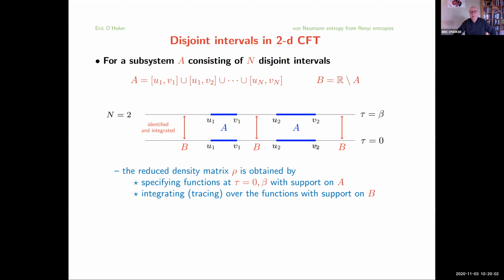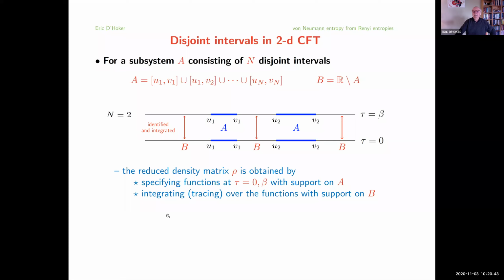So how do we obtain the reduced density matrix? Well, we need to give the value of the fields on the intervals that make up A, and then we need to trace over the functions that have support on B. That means the functions phi at tau equal to 0 and tau equal to beta on the part in B are identified with one another and then integrated over in these 3 regions.